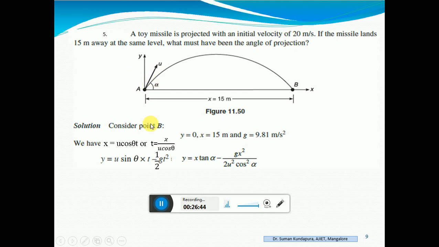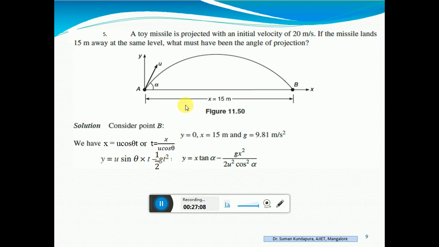Okay, so we have two equations to find out the position, that is the x equation and the y equation. X is equal to u cos theta t, y is equal to u sin theta t minus half gt square.